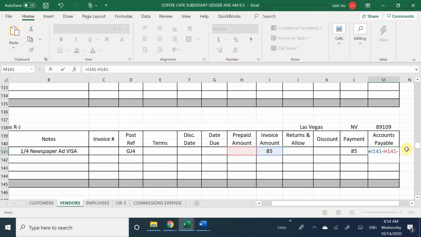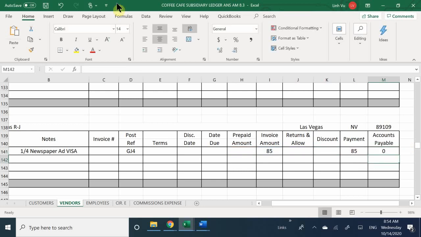Subtract any returns, subtract any discounts, and subtract any payments. So on my Visa Pay, on my RJ, we know that we owe them absolutely nothing as of right now.